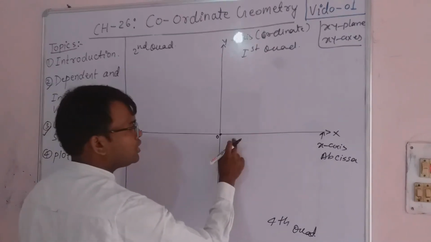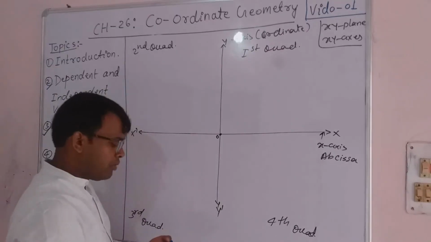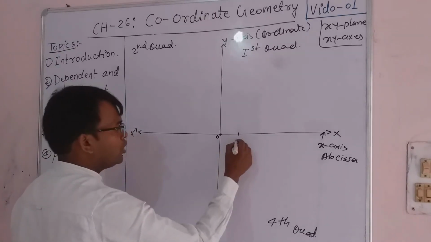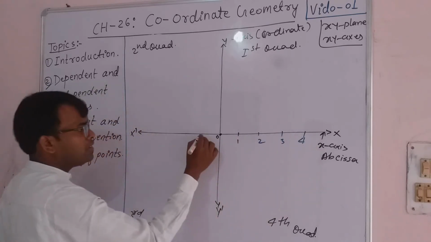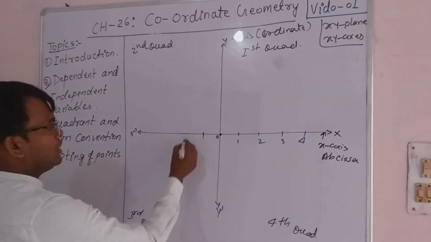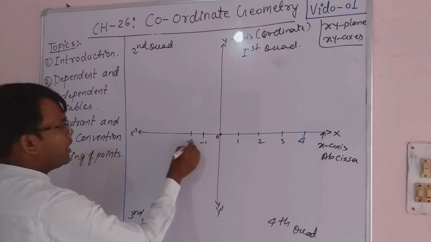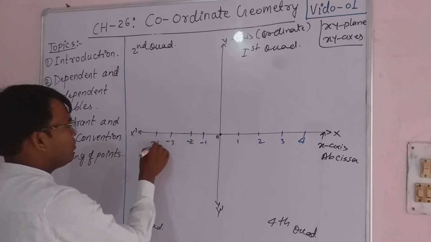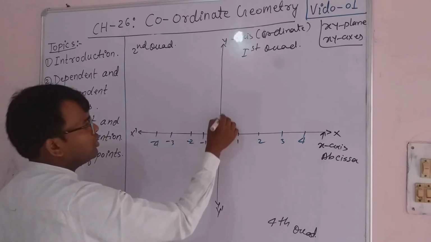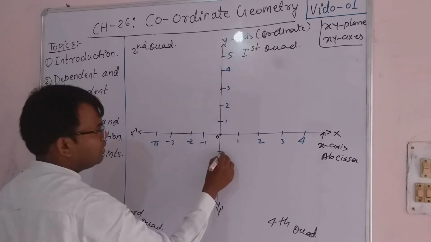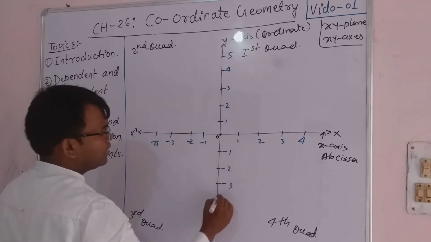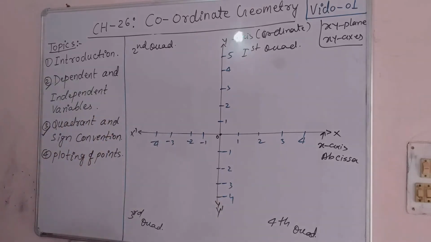The positive x-axis is denoted by positive numbers only: 1, 2, 3, 4. The left side of the x-axis is negative: -1, -2, -3, -4. Similarly on the y-axis, this is 1, 2, 3, 4, 5, and this will be -1, -2, -3 and -4.